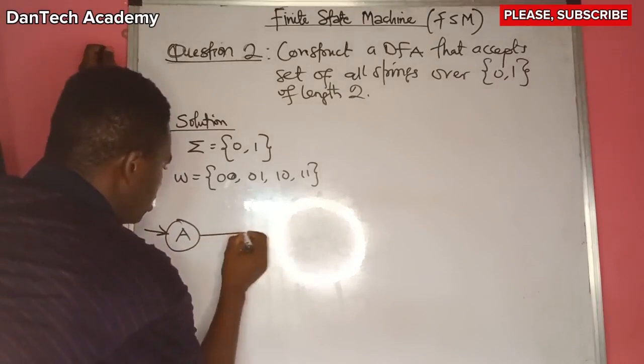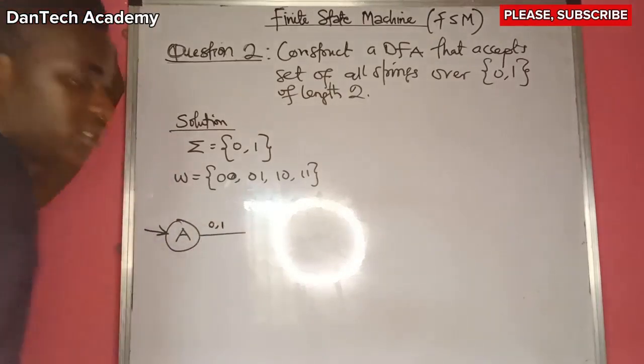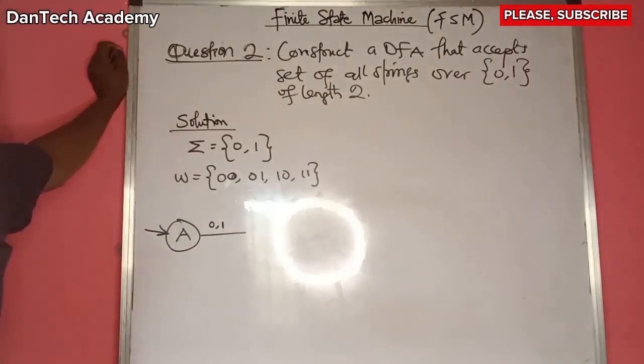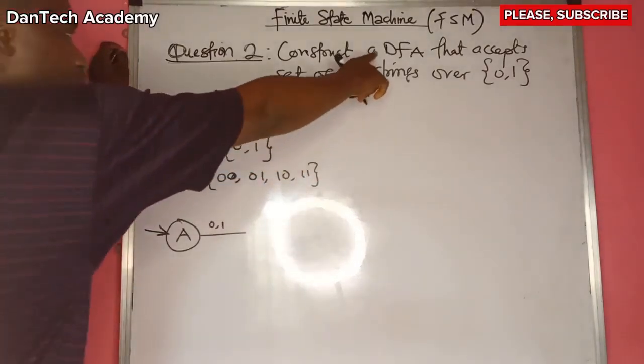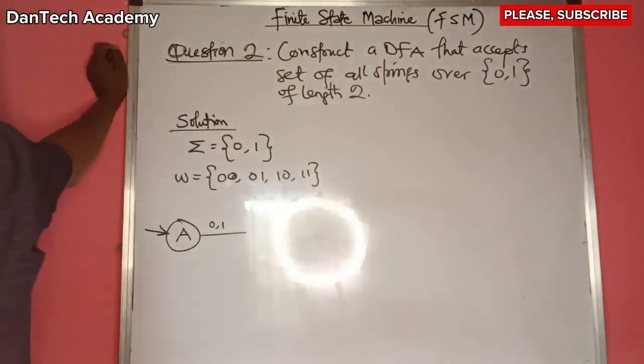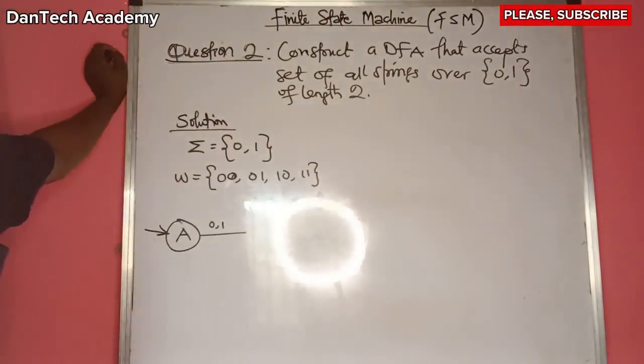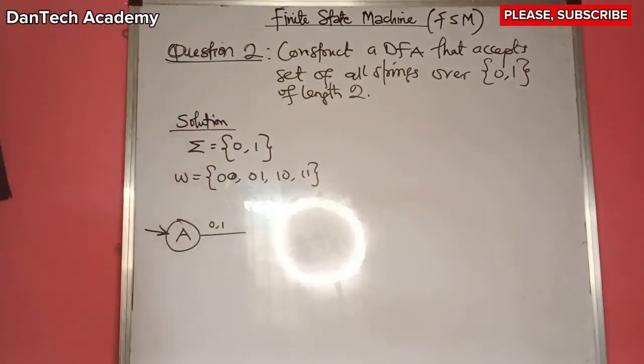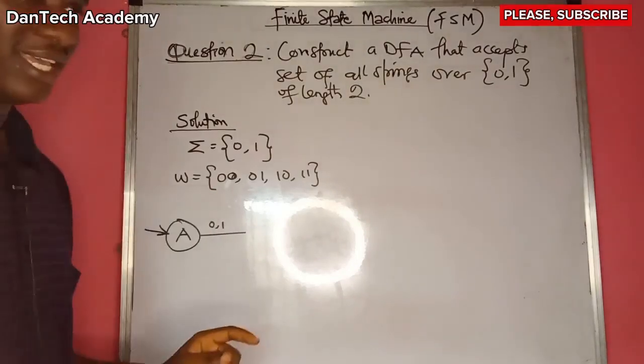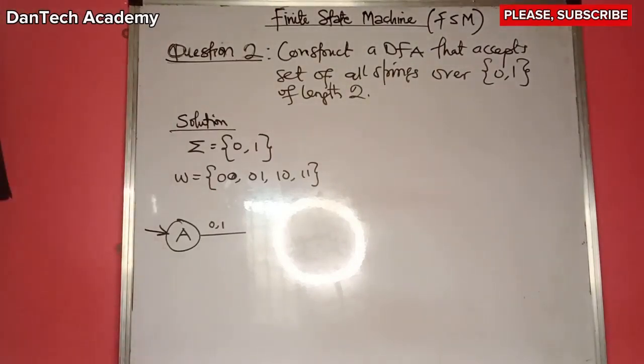They said length 2, and this is length 2. No, we can't start with 0 0. The reason is that if we say length 2, it simply means that what enters here is either 0 or 1. They didn't say what enters here is 0 over 0, 1.